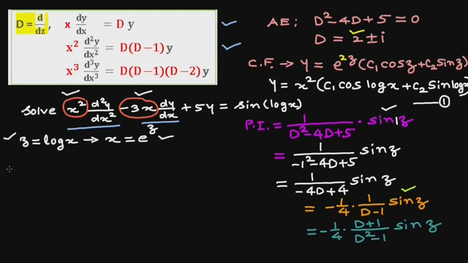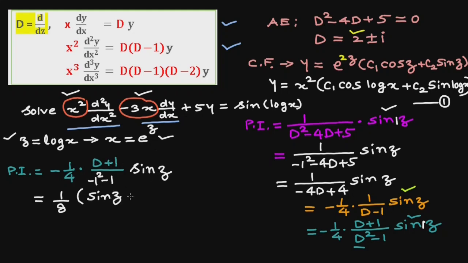The particular integral further will be minus 1 upon 4 into (D plus 1) upon, when a sine function is there, we substitute in place of D square the square of the coefficient with minus, so minus 1 square minus 1, sin z, which is minus 1 upon 4 into minus 2, that is 1 upon 8, and (D plus 1) into sin z will be sin z plus D sin z.